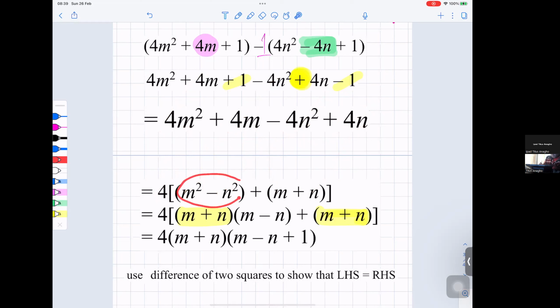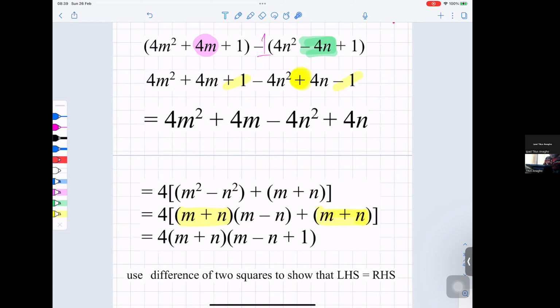This we can still expand using a method called the difference of two squares. And then we can write it as m plus n, bracket m for Mike minus n for November, plus this m plus n.